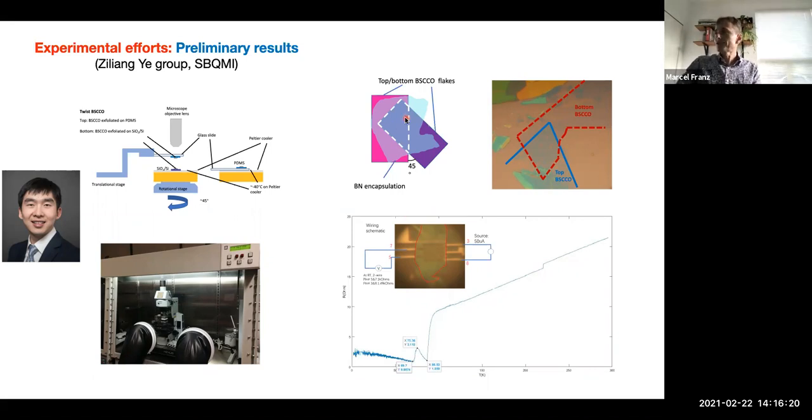That it's a topological superconductor is harder to deduce from just an IV characteristic, for instance. So what Zili Yang is gearing up to do, he's building an apparatus which will measure the polar Kerr effect in these samples, which is an optical response, and it is sensitive to spontaneous time reversal symmetry breaking in the sample.